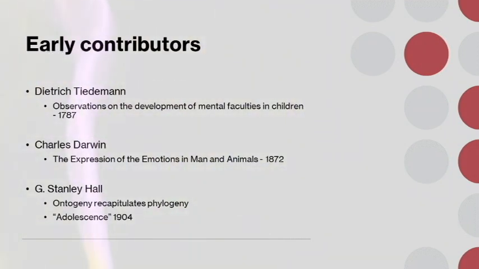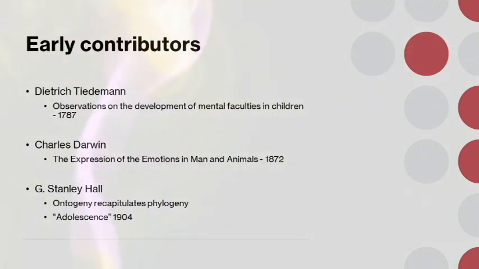And then we get finally into some real formal psychology with G. Stanley Hall. G. Stanley Hall was one of the original psychologists in America who had studied in Germany at one of the first psychological laboratories and then helped to establish the American Psychological Association in America.